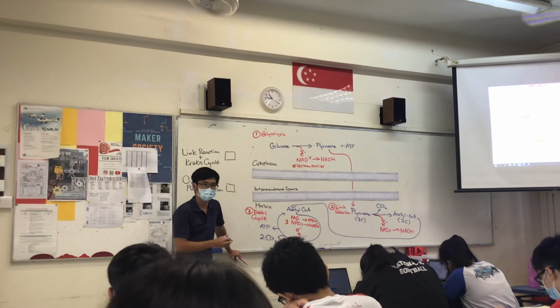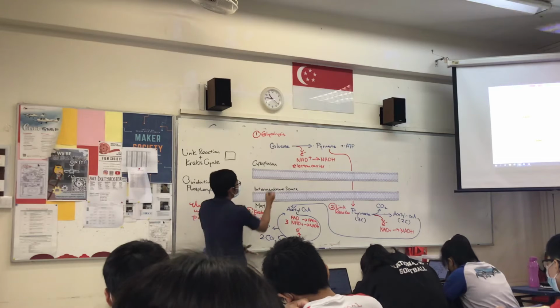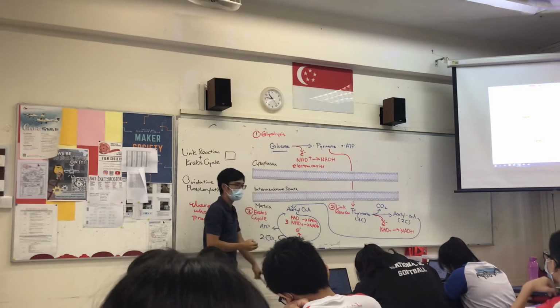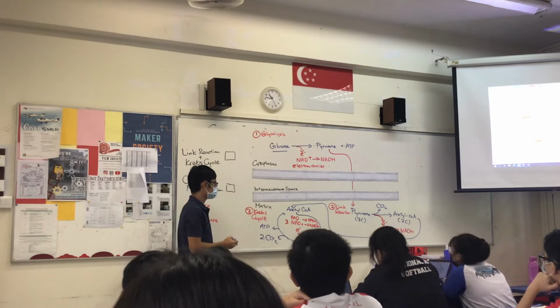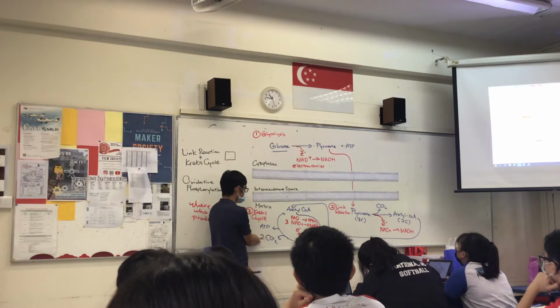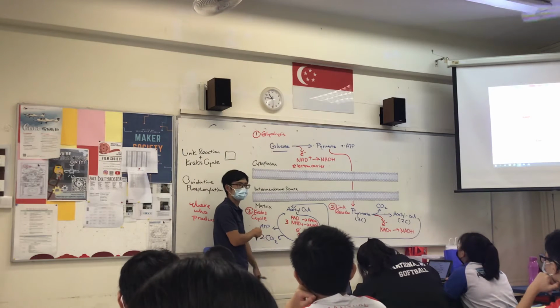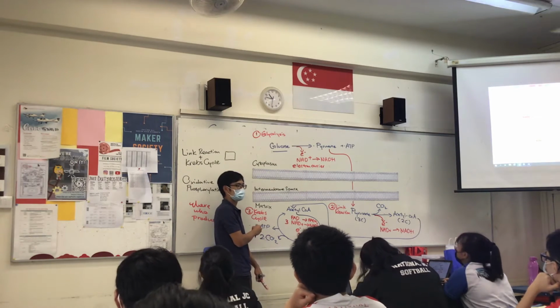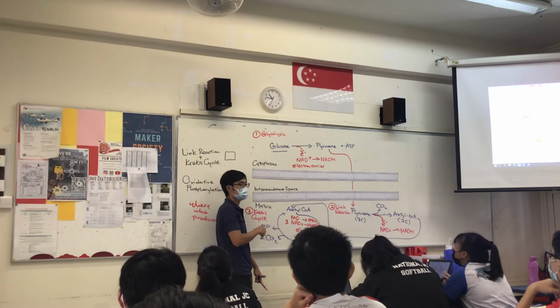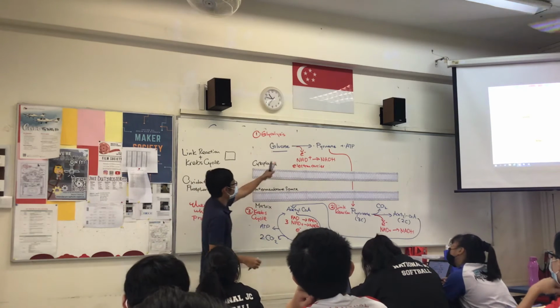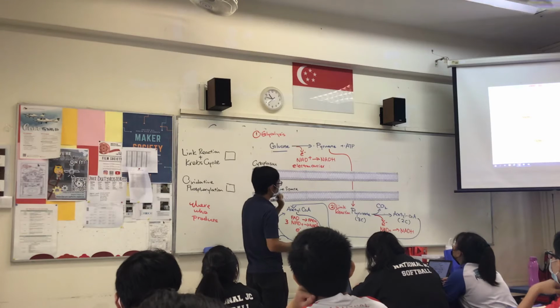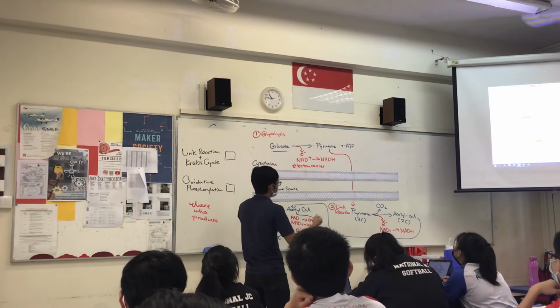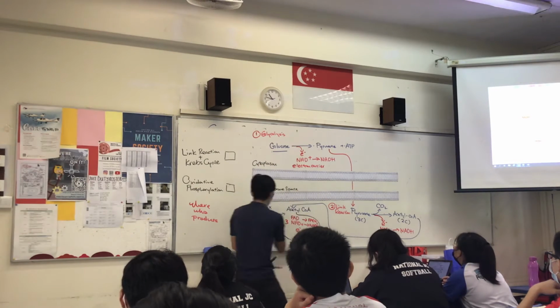Actually I have a question for you. For every single glucose molecule, how many CO2 will be produced from the Krebs cycle? Maybe we rephrase that. For every glucose molecule, how many CO2 will we generate if we include the link reaction and the Krebs cycle?